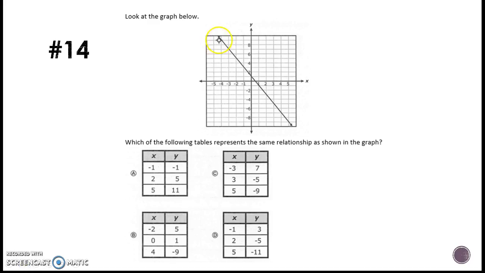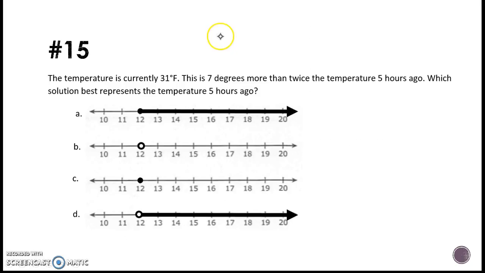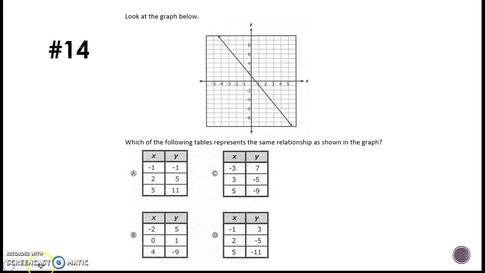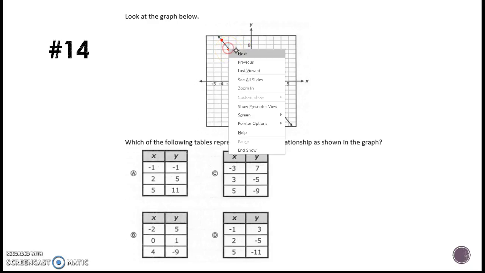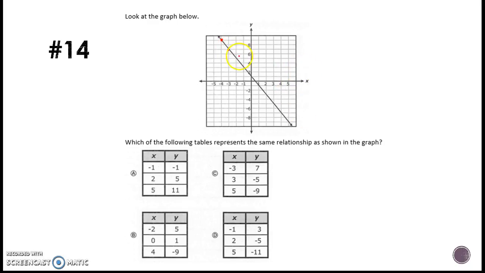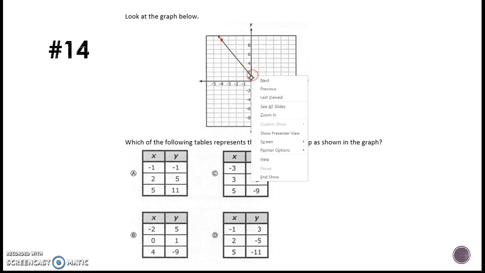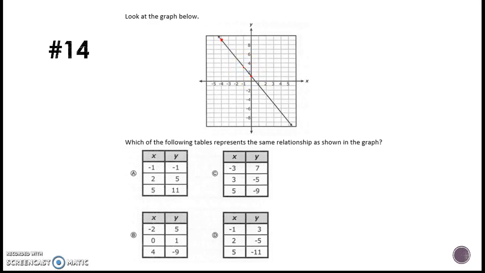So I see right here, right there, I see here, right here, here, there.